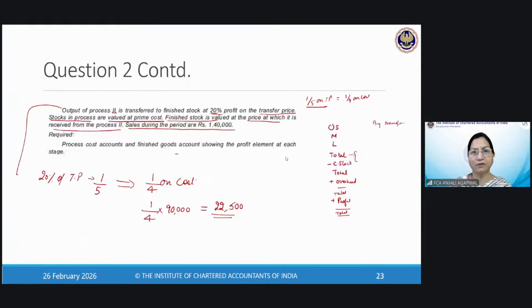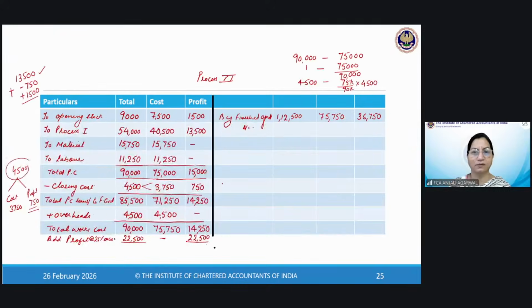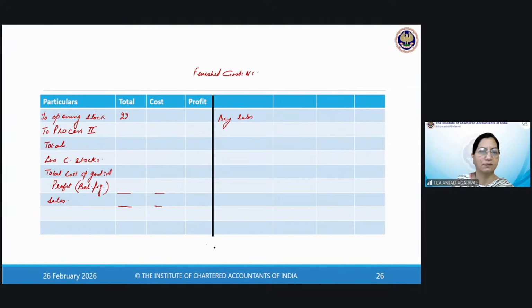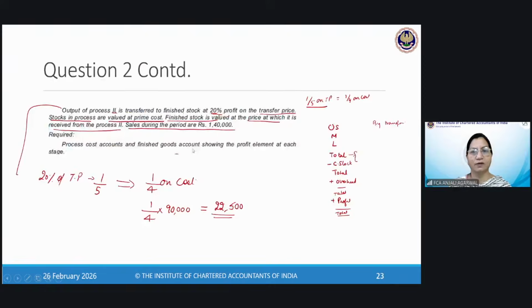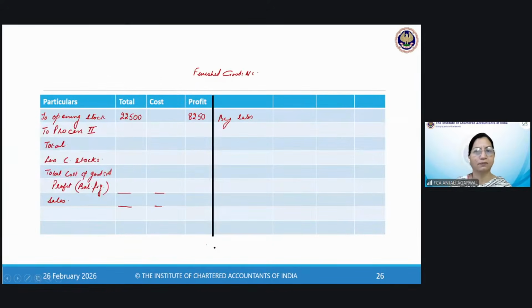Let's move on to the finished stock account. Finished stock account already has an opening stock of 22,500, which has an inter-process profit of 8,250, and a closing stock of 11,250.